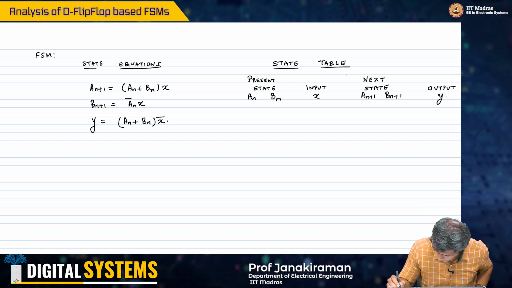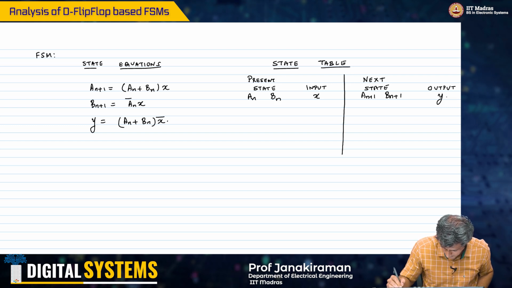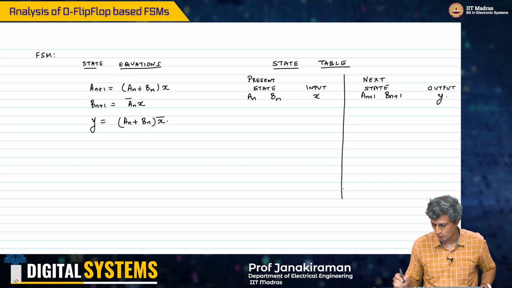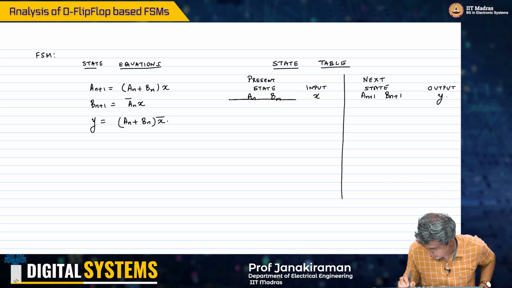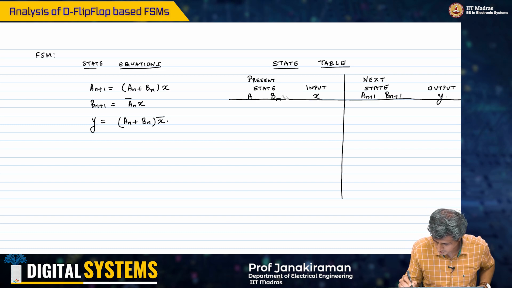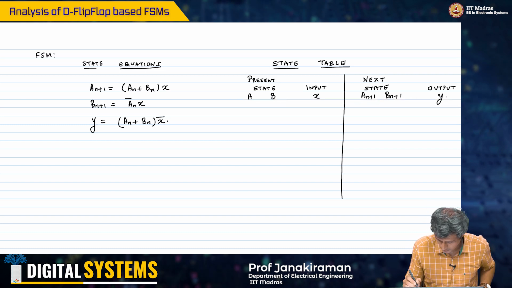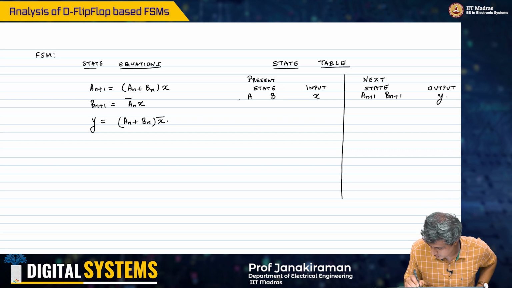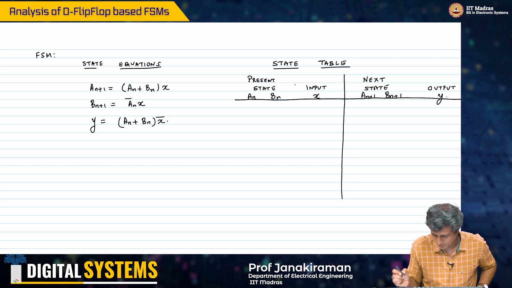So I'll partition this, because what's on the right-hand side is going to be my output. So this is An and Bn.